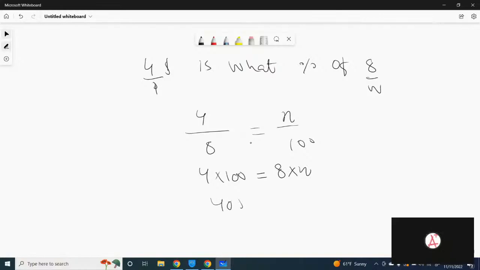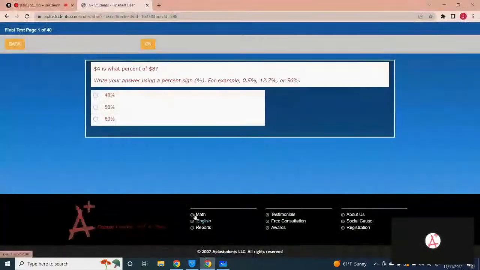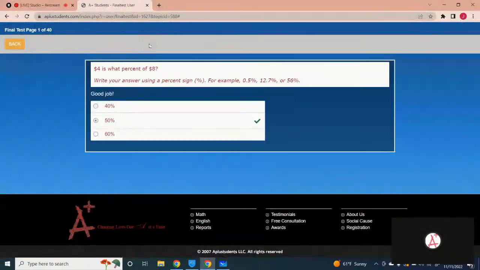It would be 400 divided by 8. 8 times 5 is 40, so 50. That means 4 is 50% of 8. You can see 4 is exactly half of 8, isn't it? That means 4 is 50% of 8. Got it? So just select the correct option and click on the OK button.